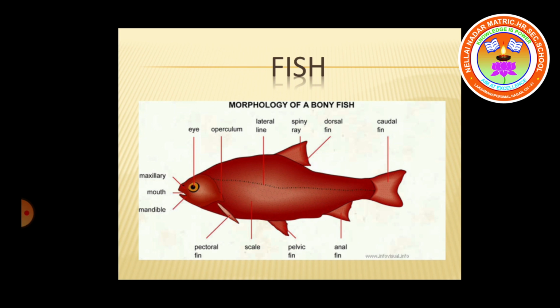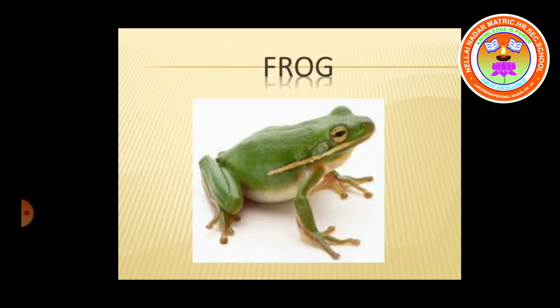Next, the fish has fins for fast swimming. How does a fish swim fast? It has fins, the dorsal fin and the pelvic or pectoral fin. Are you clear? Next, the fish has a strong tail fin present at the last, which we call the caudal fin.